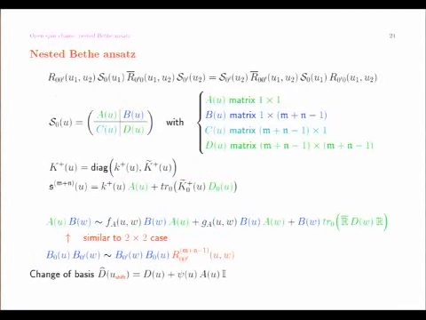For the nested Bethe ansatz, again, I don't want to enter into the details, but you start with the reflection equations. You divide the monodromy matrix, then you have a scalar part and a matrix part, and you do the nesting.